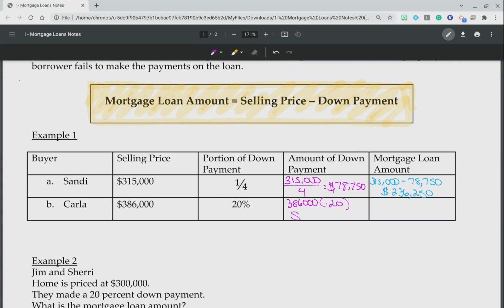So Carla here is putting down a down payment of $77,200.